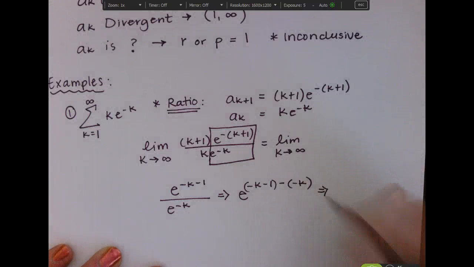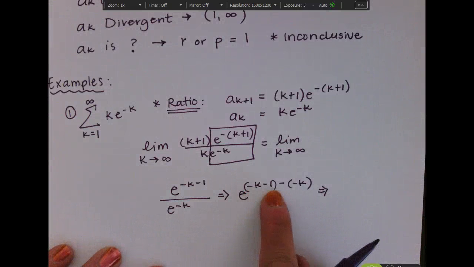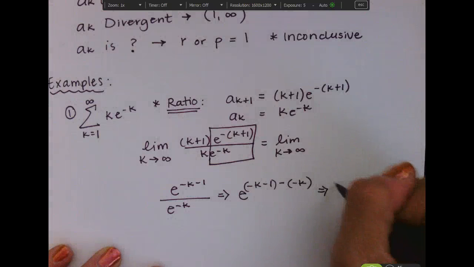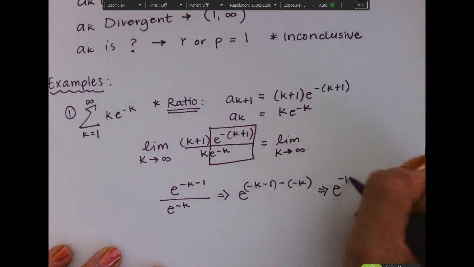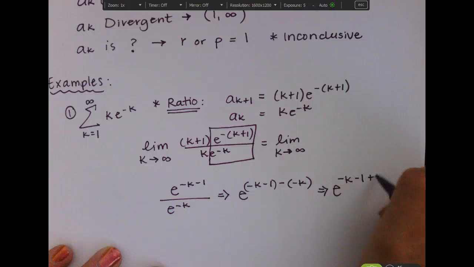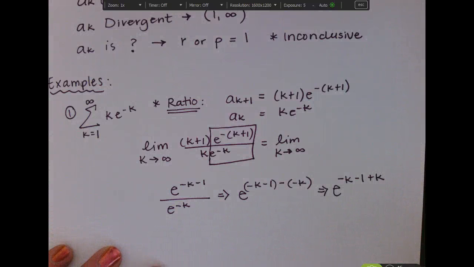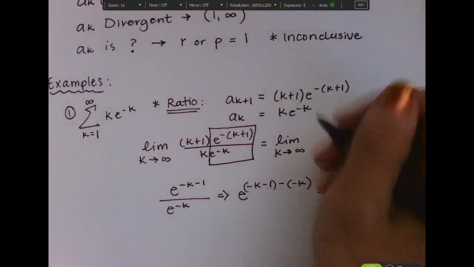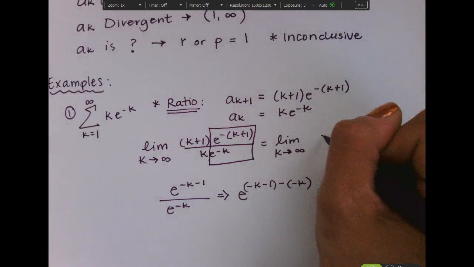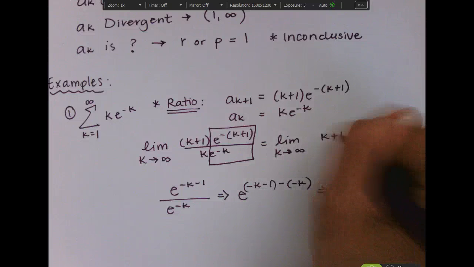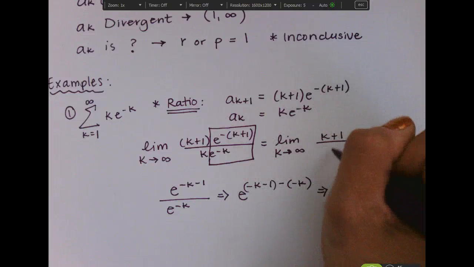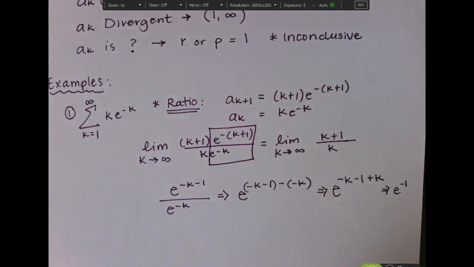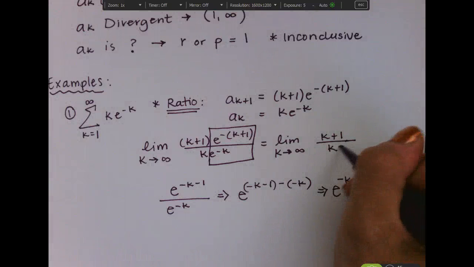So let's see what we get when we do negative k minus 1 minus a negative k. Well, that's the same thing as negative k minus 1 plus k, so that our k's actually cancel out, leaving us with e to the negative 1. So in terms of simplifying, what I really have is e to the negative 1 times k plus 1 over k, and because e is to the negative 1 power, I'm just going to bring it downstairs.